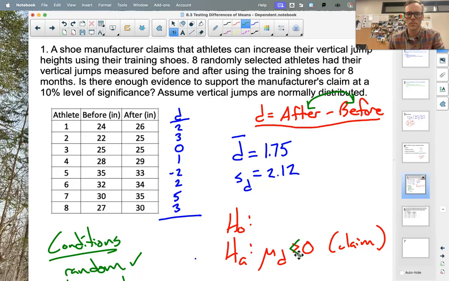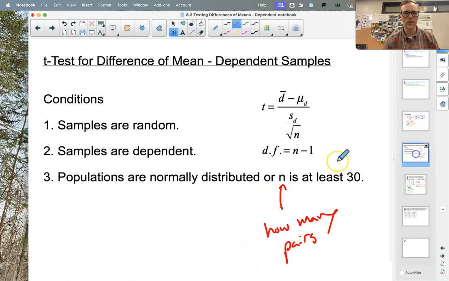So choose whatever order makes sense to you to subtract, but make sure that when you write your hypothesis, it matches the order that you subtracted. There's my null. That all looks good.